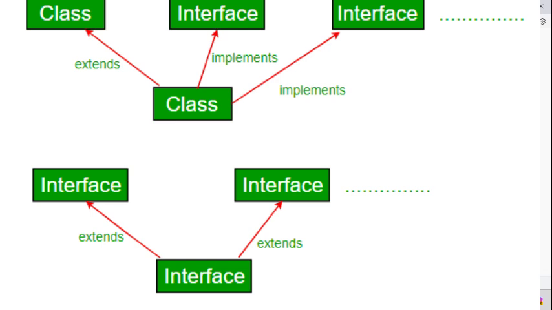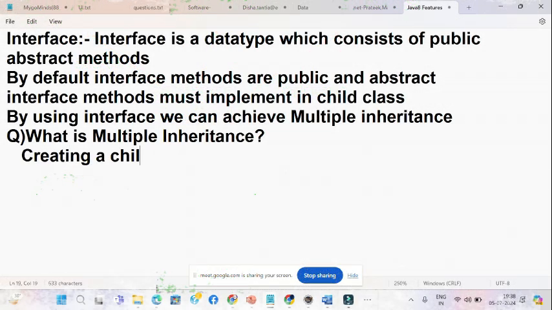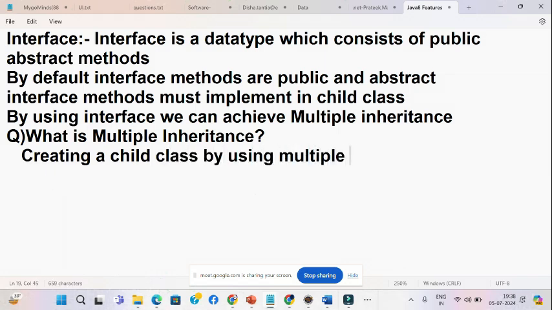Here you can ask one question: what is multiple inheritance? Simply, I can say it is creating a child class by using multiple interfaces. That is multiple inheritance.